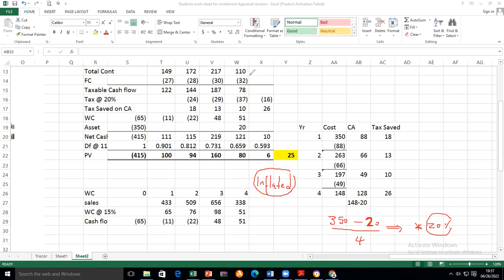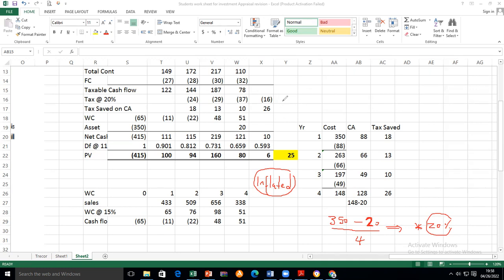Okay. Is there another question? Well, this is maybe just a follow-up on what the other colleague was asking. In the same vein, if the figures are inflated, is there a situation where we could be asked to deflate the figures to use the real rate?